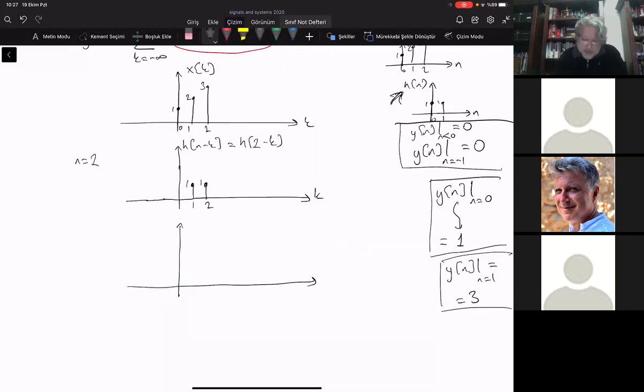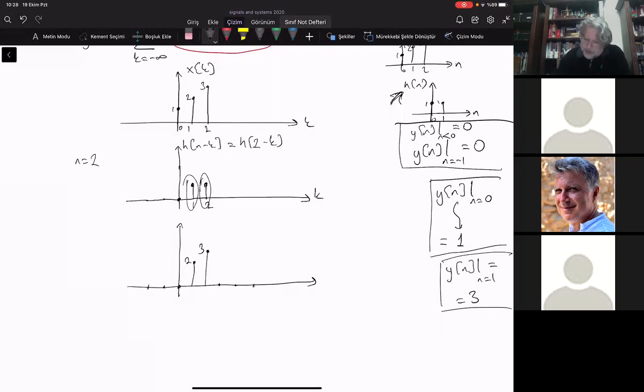Let us multiply them. 1 and this 0 in the center will be multiplied to obtain a 0. And this 1 times 2 will give you 2, right? And this 1 times 3 in the corresponding position will give you 3. And afterwards, it's 0 times 0 everywhere, so we have nothing.